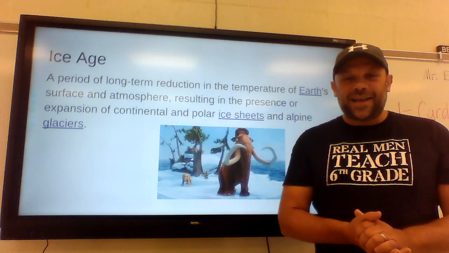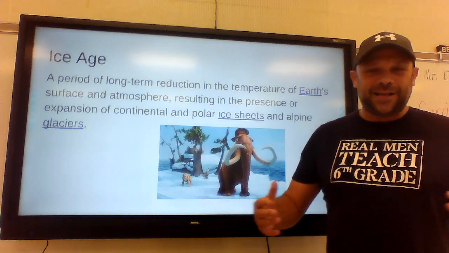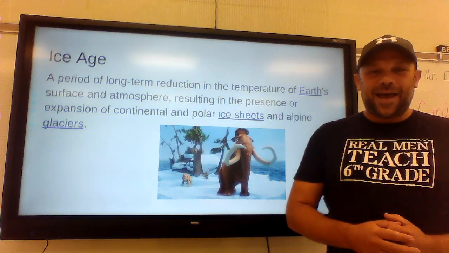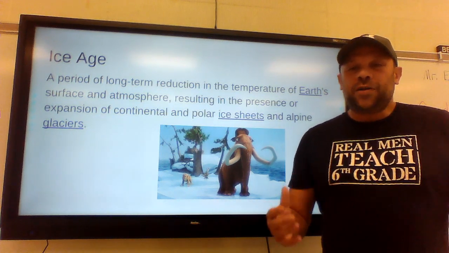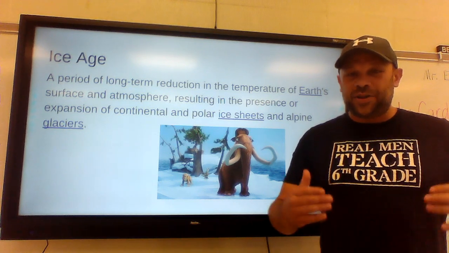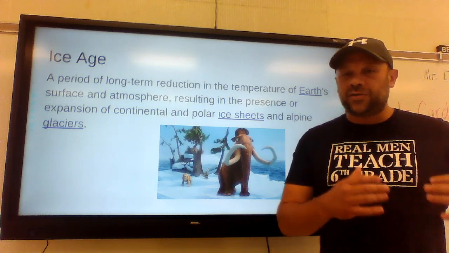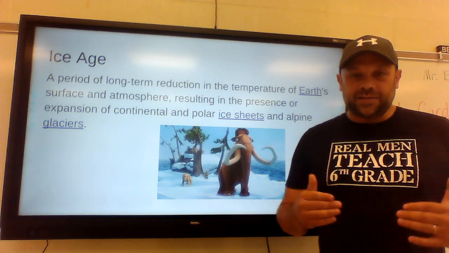Next up, we have the Ice Age, and we've got our cool characters here, Manny in the background, and my kids love watching the Ice Age movies. But the Ice Age, we're going to define that as a period of long-term reduction in temperatures. In other words, it got colder here on planet Earth. So in the surface, in the atmosphere, it gets colder.